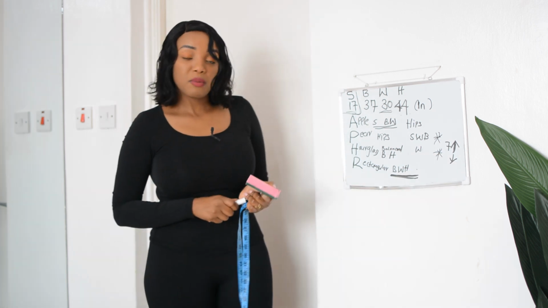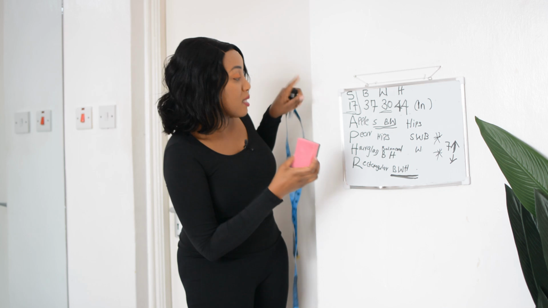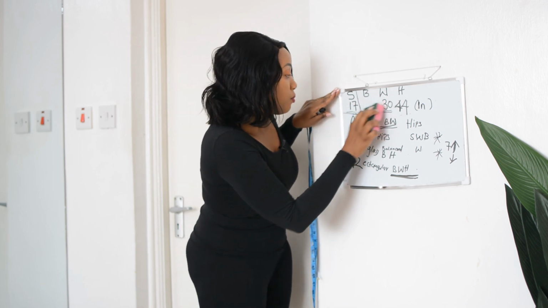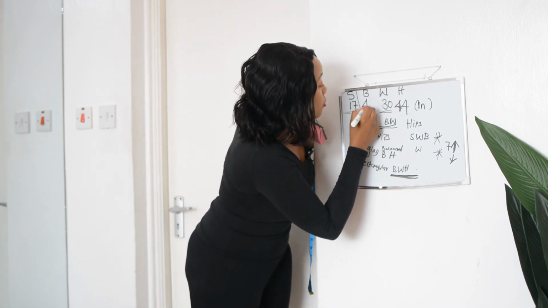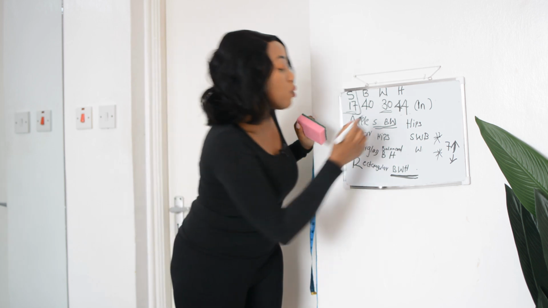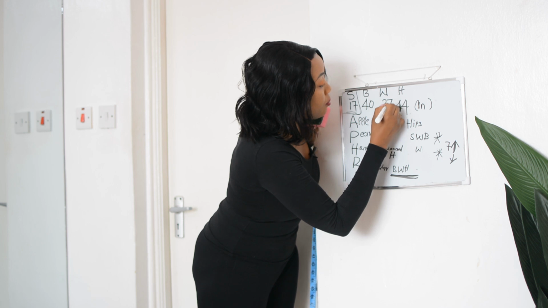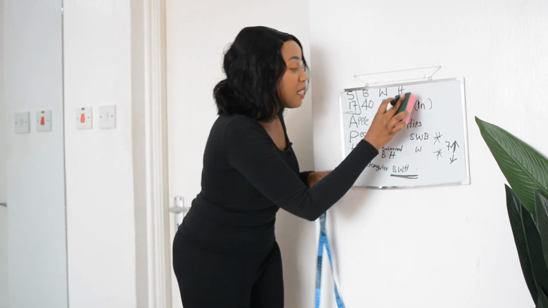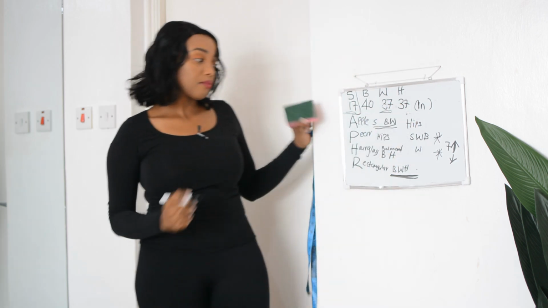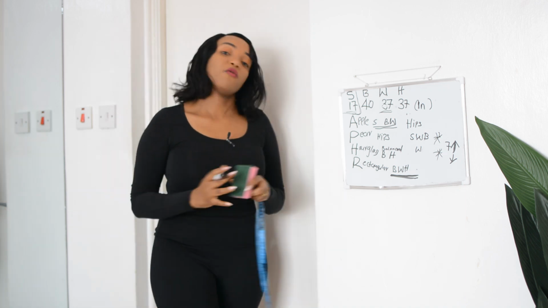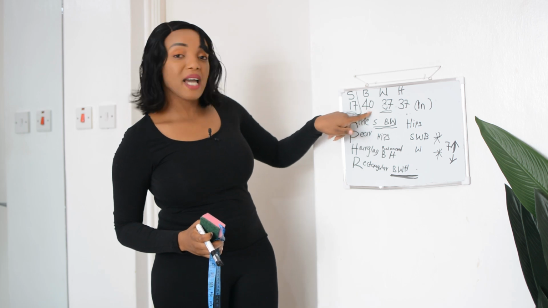For the other body types, let's assume that my bust area was something like 40, and maybe my waist was something like 37, and maybe my hips were also 37. If we're using that as an example, we can clearly see that the bust area is the largest area.